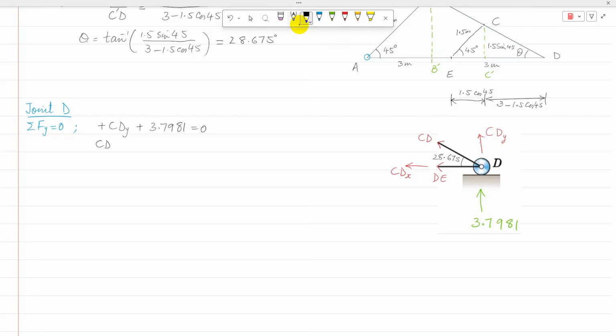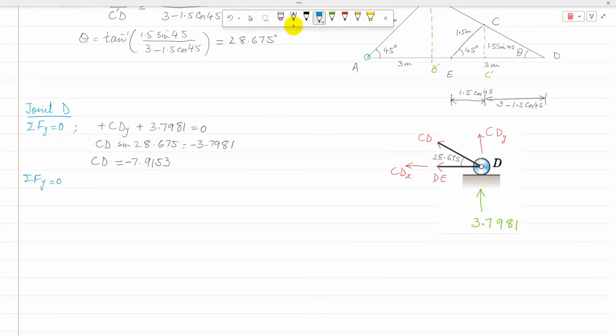CDY, because the angle is with the horizontal, the y component will be sine, so CD sine 28.675 is equal to minus 3.7981. So then CD can be computed as minus 7.9153 kilonewton.